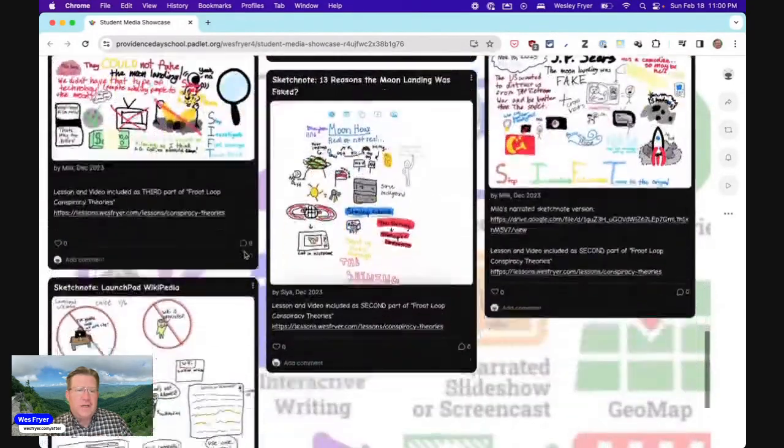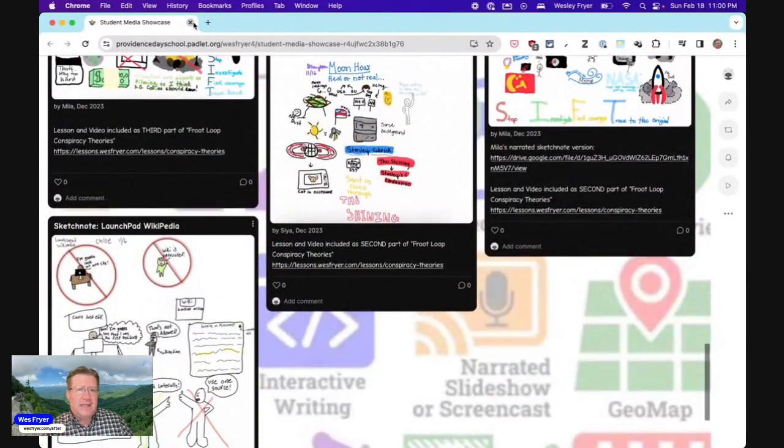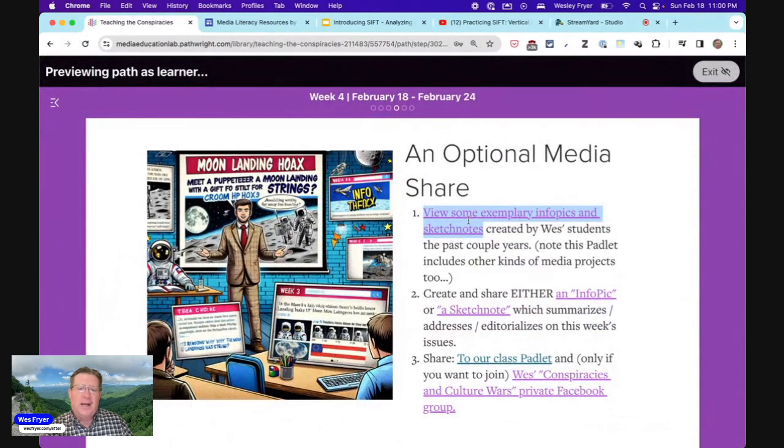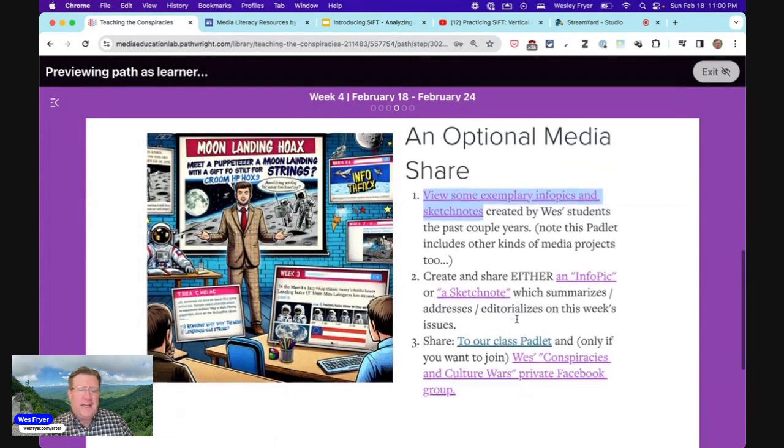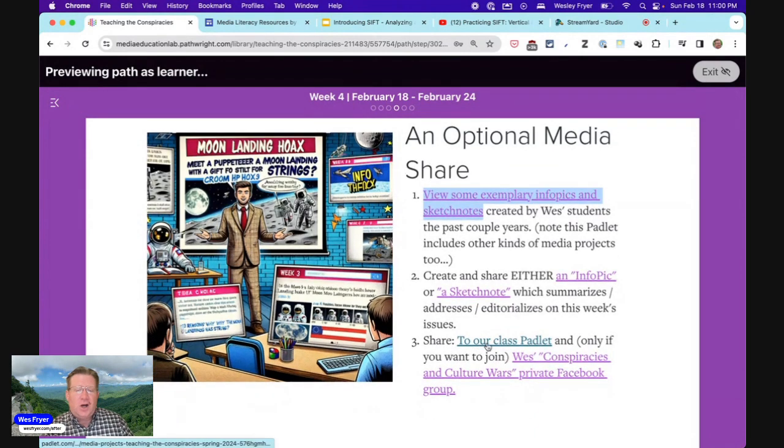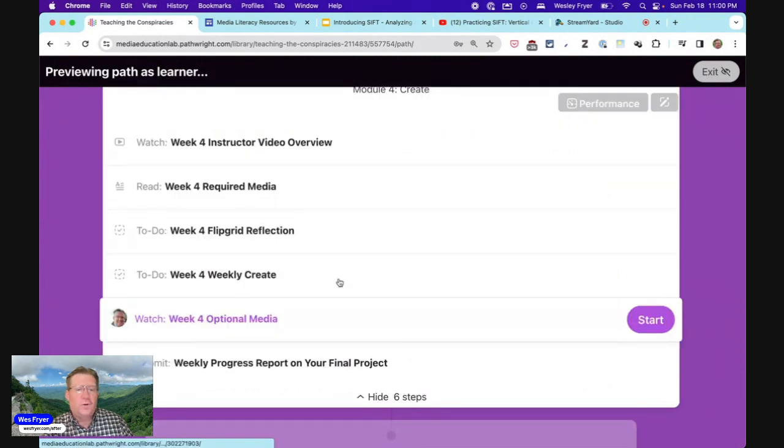My students have done a great job with this in the past, and I like to be able to showcase that. So that may help you as you consider what you might like to do for your weekly create. And if you're willing to share that on our class Padlet, that's great. You can also join the private Facebook group that I maintain and share into that, which would be wonderful.